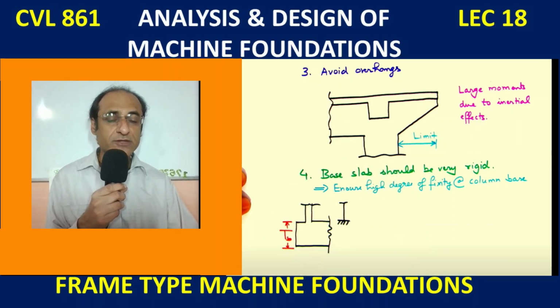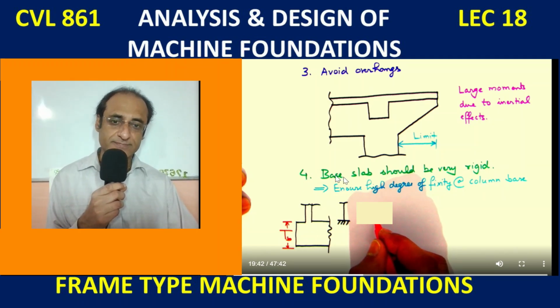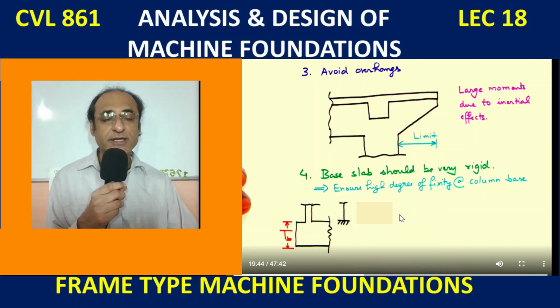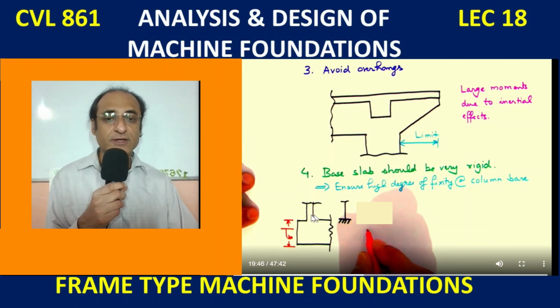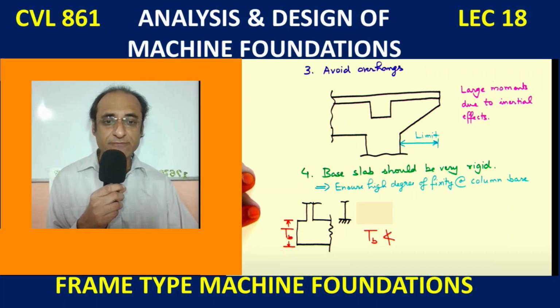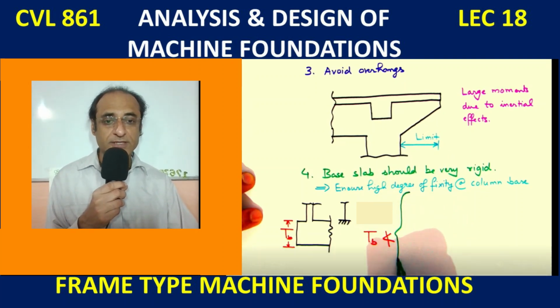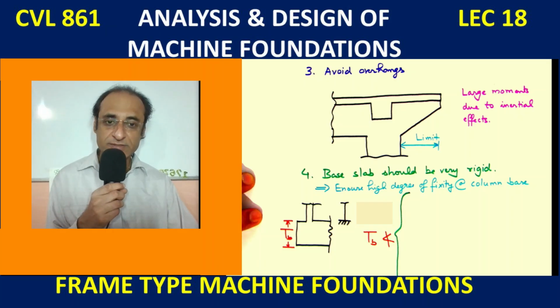Why we emphasize a very thick and very stiff raft is that the condition of fixity should be realistically obtained. Otherwise, if the columns are heavier, they may not exhibit full fixity. So it's very important that the thickness of the raft should not be less than certain specified minimum thicknesses. We'll see them one by one.